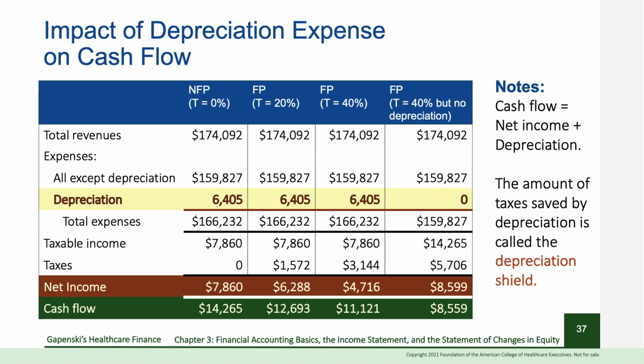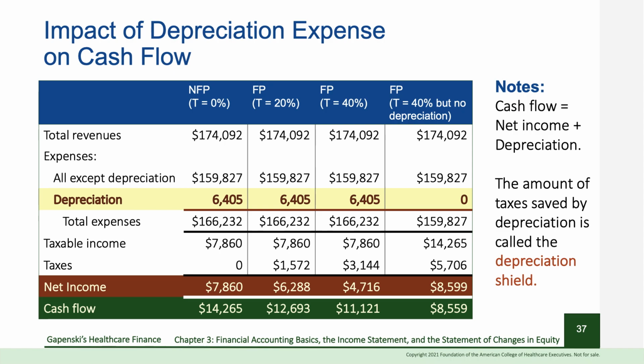So you take the $166,000 out of the $174,000 and you get a total of $7,860 in taxable income.